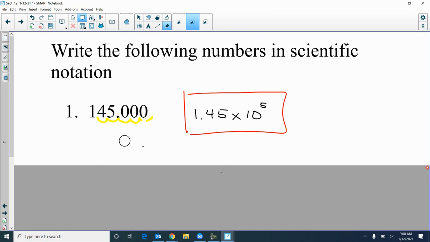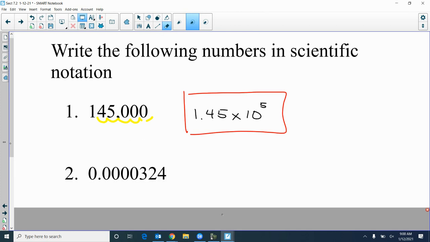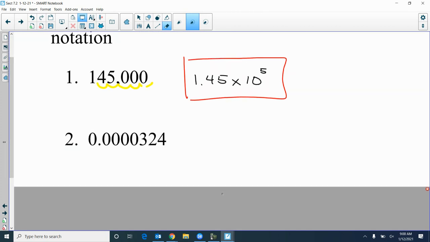Okay, so you got to take it to that point here. Now, where do I need to move my decimal to? Well, between what two numbers, Connor? Between the 3 and the 2. Yep, correct. You need to move it between the 3 and the 2.